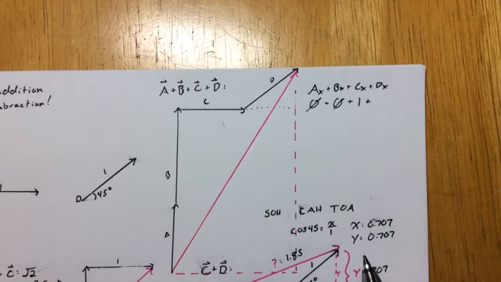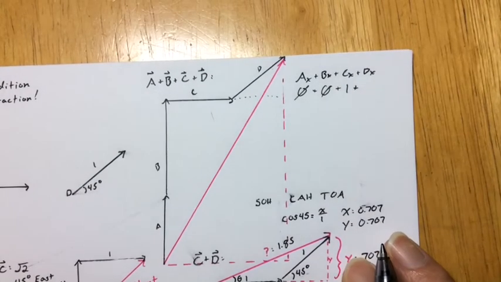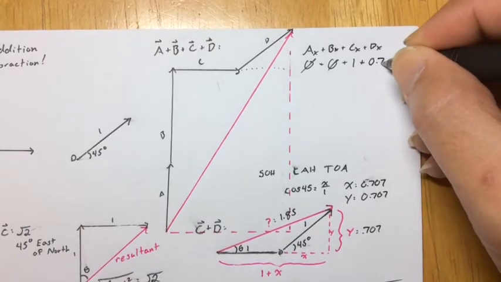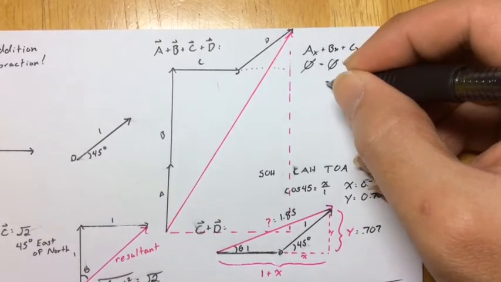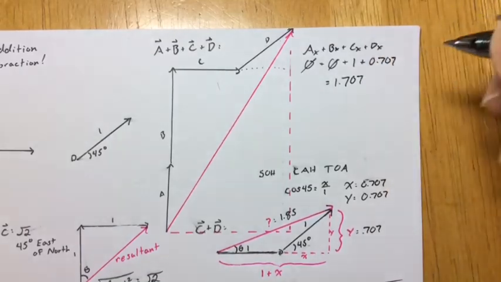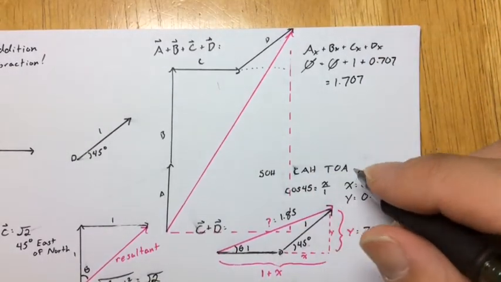Remember this one down here we have in our paper. This side was the component that goes to the 1 at 45 degrees, so it's 0.707. So the total that I have going to the right in the x direction is 1.707. Inches, I guess, in this case.